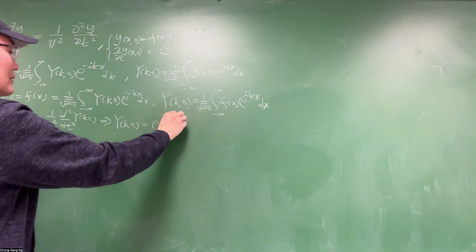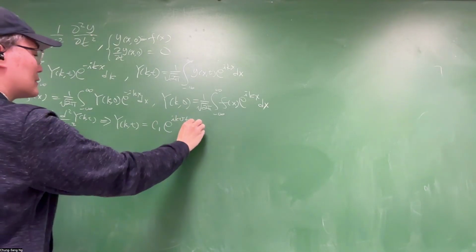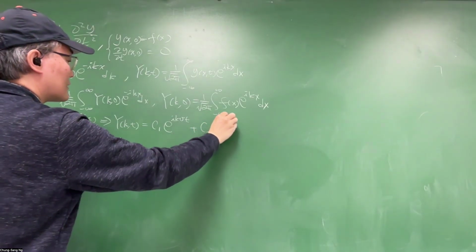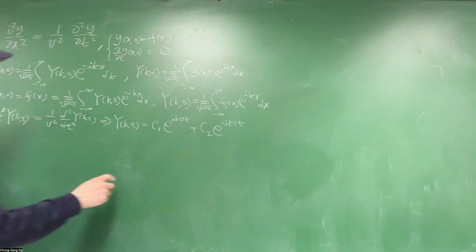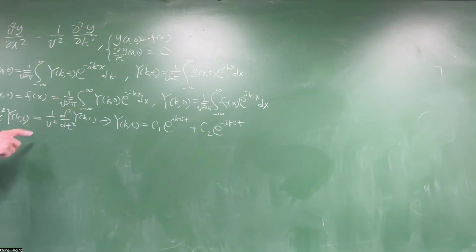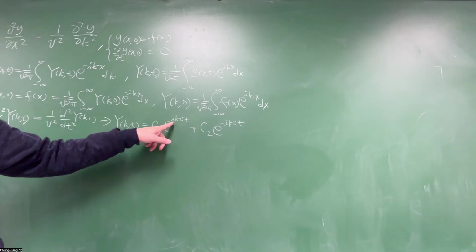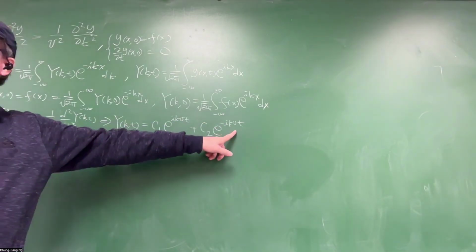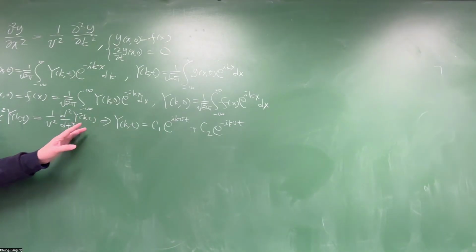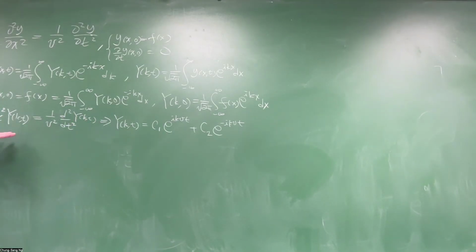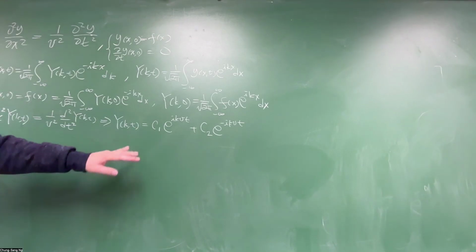So we have i k v times t. It looks like kv is the angular frequency. So the solutions are given by e to the i omega t, so you have the angular frequency or minus i. Okay, all follow that. This is an ODE, so hopefully you remember that.